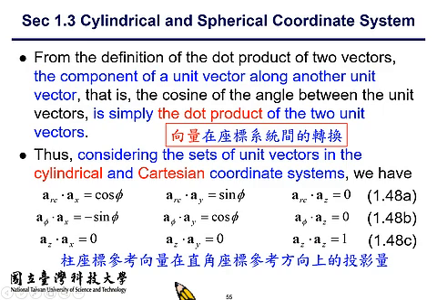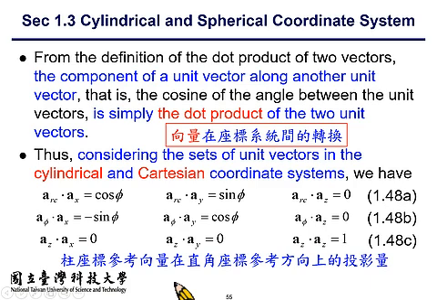The more interesting part is the conversion of vectors among coordinate systems. So here are some basics about what we are going to do for the conversion of vectors among coordinate systems. Equations 1.48 A, B, C are 9 equations.